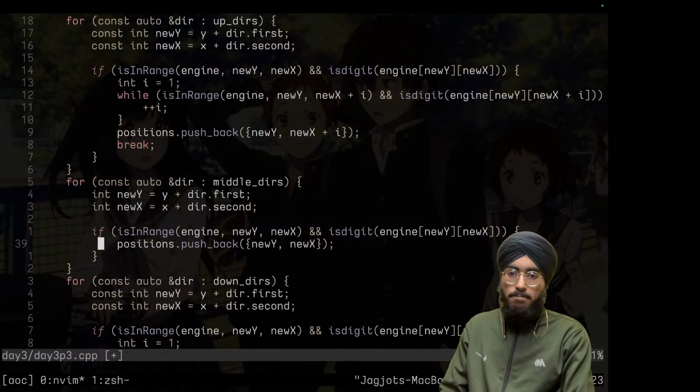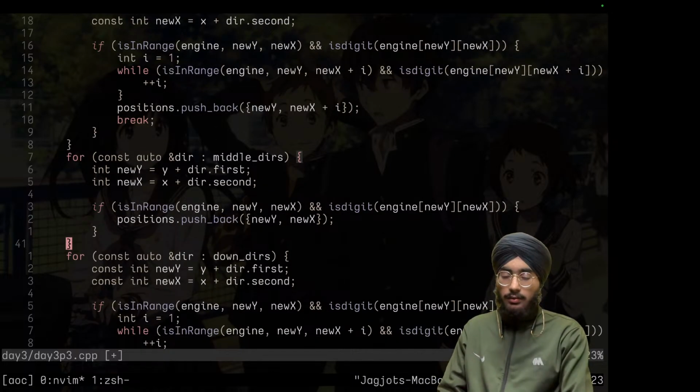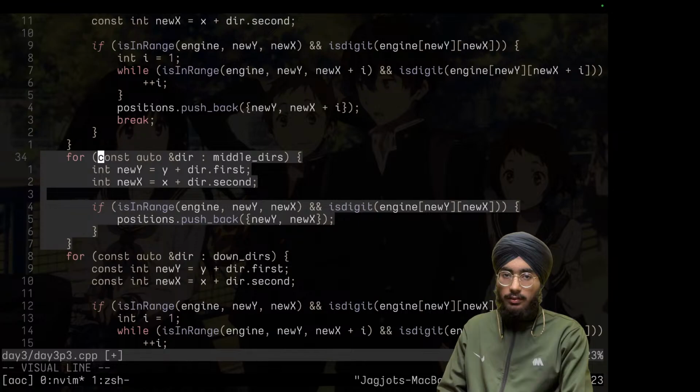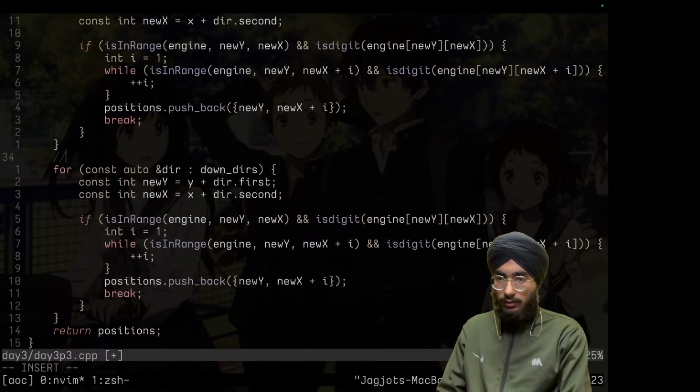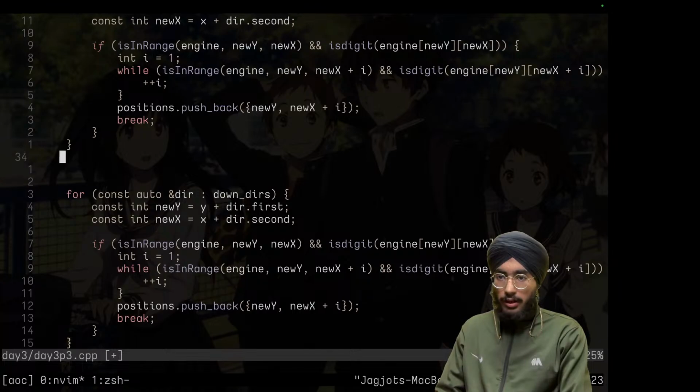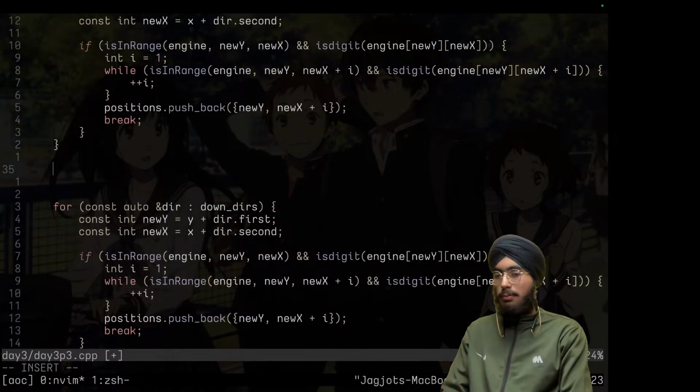Musician.pushback for middle. Now we're gonna do it separately.